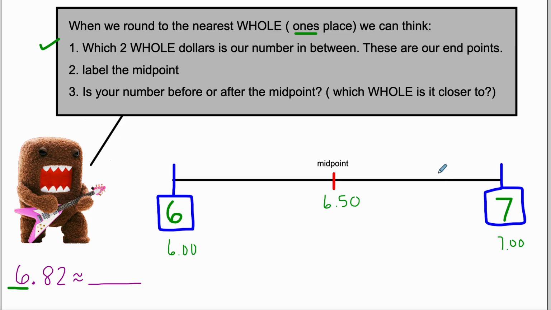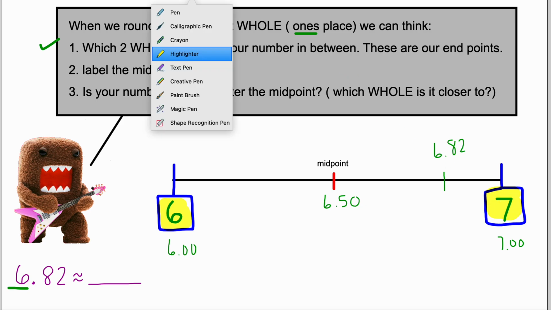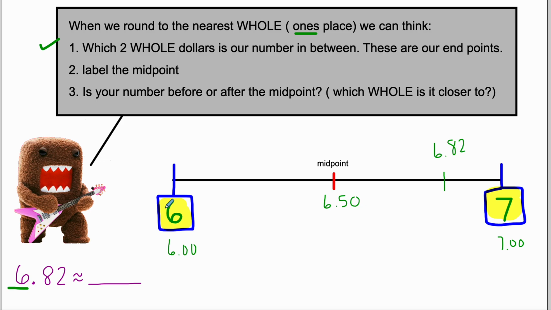Yep, $6.82 is more than $6.50. It's about right here. And since we're rounding to the nearest whole, our only options are what is in the blue squares, our endpoints, 6 wholes or 7 wholes. What's it closer to? If you said 7 wholes, ding, ding, ding, you're right. So 6 and 82 hundredths is about 7 when rounded to the nearest whole place.